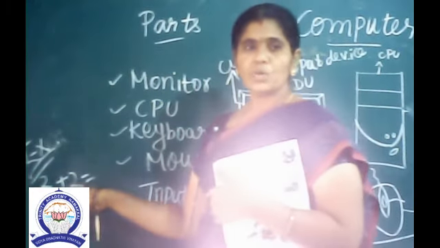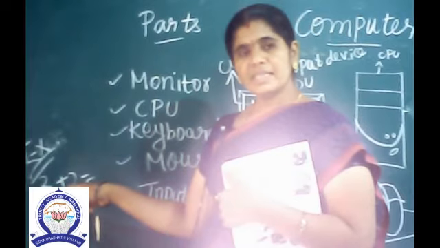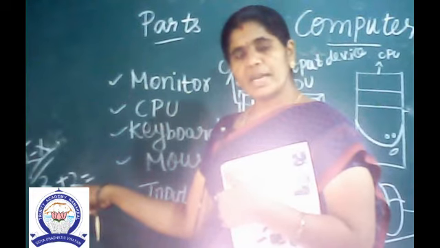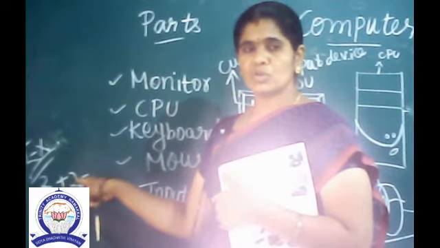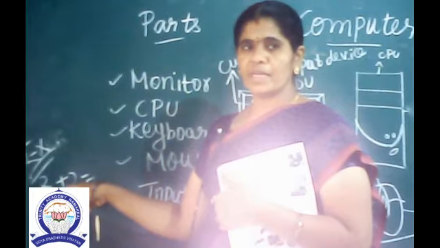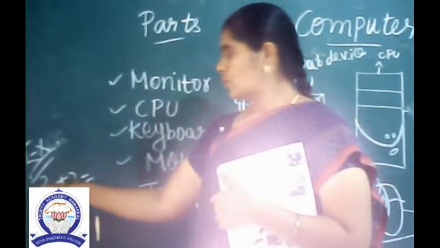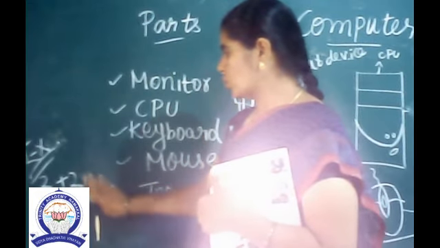Here 2 plus 2 is a data. How can we send this data to the computer, I mean CPU, with the help of keyboard? I told you number keys are there on the keyboard. With the help of number keys we can send this data. 2 plus 2. This is the data.